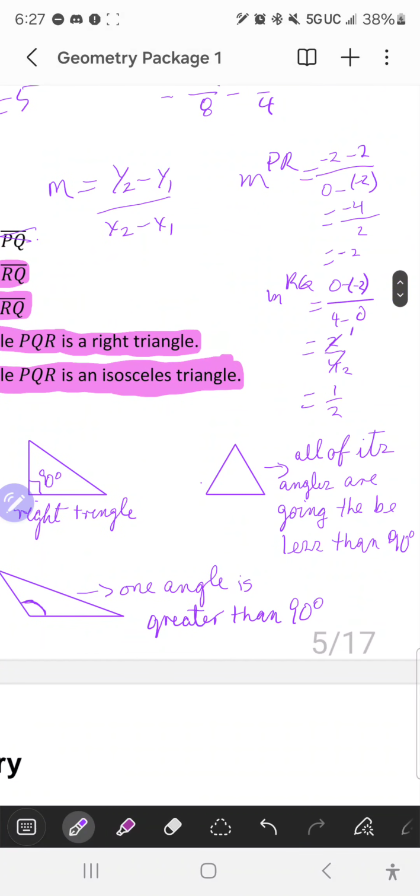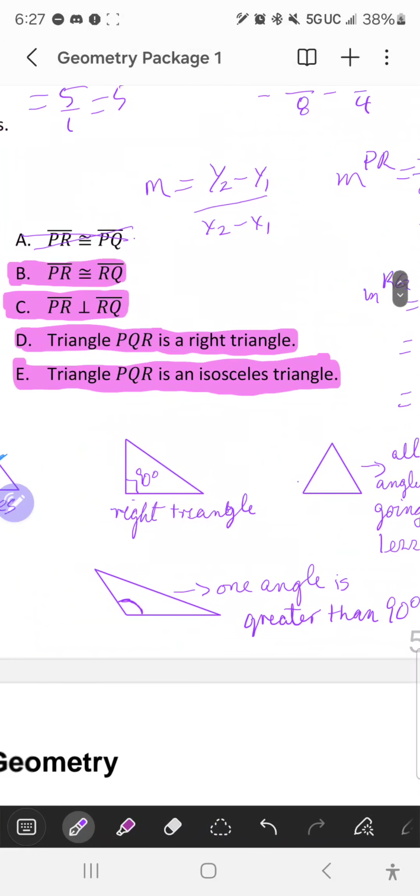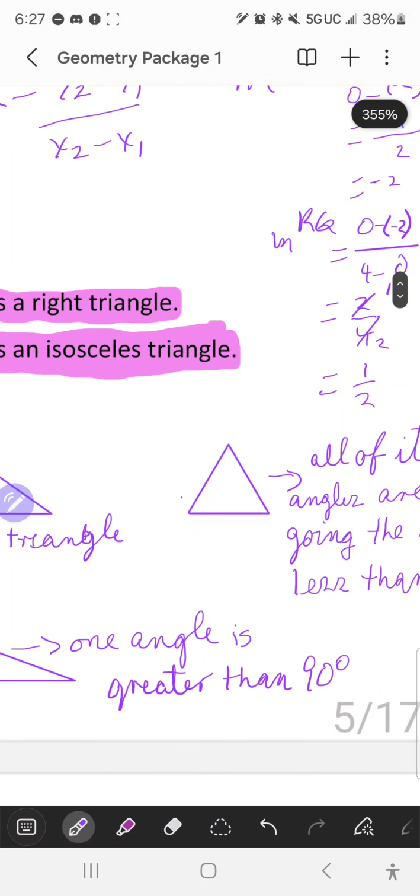So a right triangle will have one 90-degree angle. Oh, I didn't put the name.